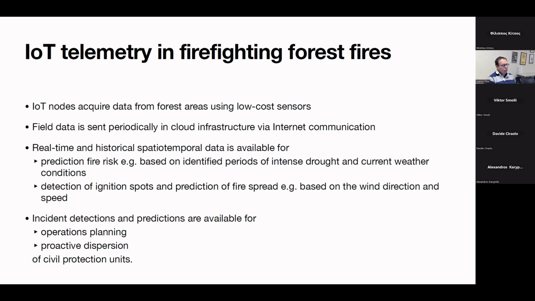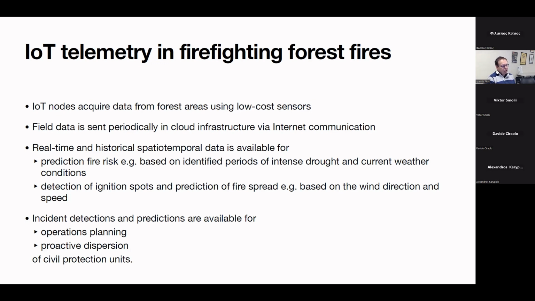First, we are able to predict fire risk, for example, based on identified periods of intense drought and current weather conditions. It is very important to take into account both. Second, we can detect ignition spots and predict the fire spread based on data like, for example, the wind direction and speed, if we have such data.